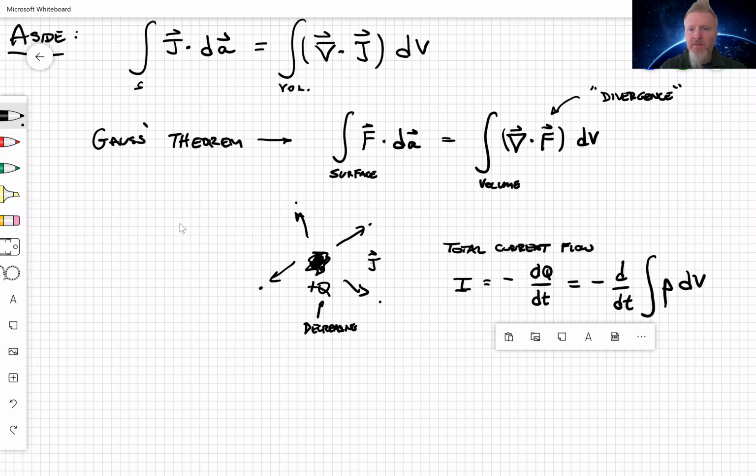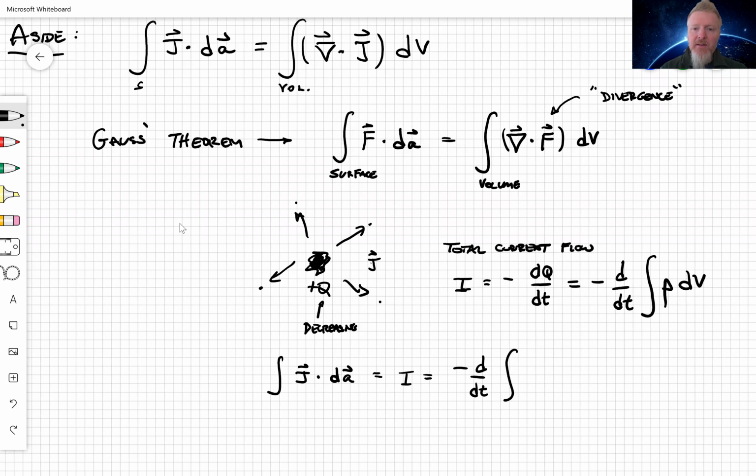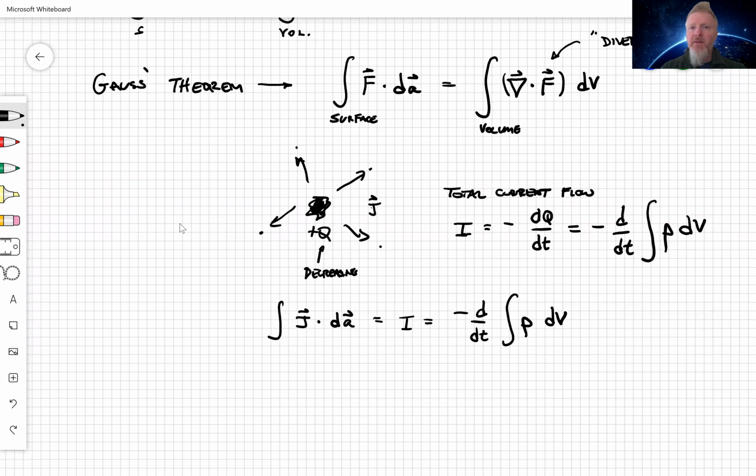If I look back at this, J dot dA, the current density flux through my surface, is basically the total current flow. So this has to equal I, which is negative d/dt of the integral of rho dV. Now by Gauss's theorem above, where the surface integral equals the divergence, you can rewrite this in a divergence fashion.